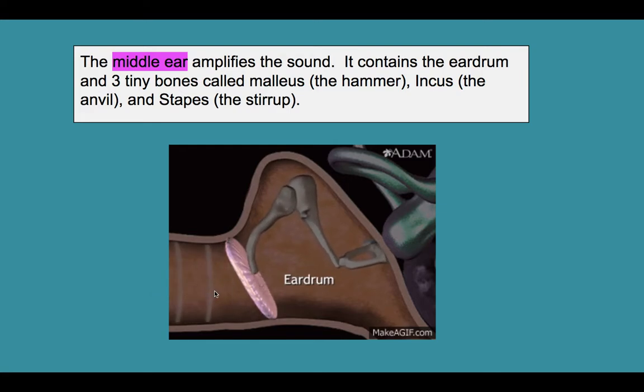As the sound waves come in, the eardrum vibrates, and in turn it moves these three tiny bones. The vibrations transmitted to the three small bones are amplified before they go into the inner ear.